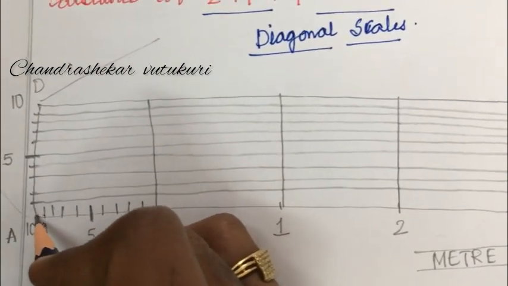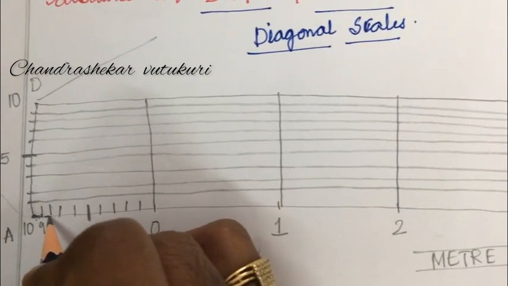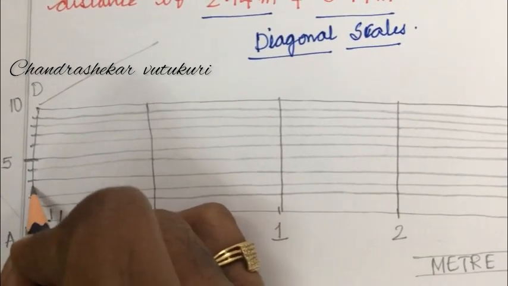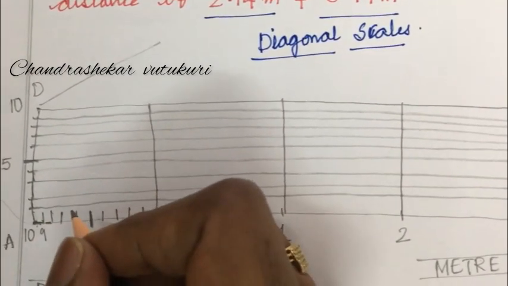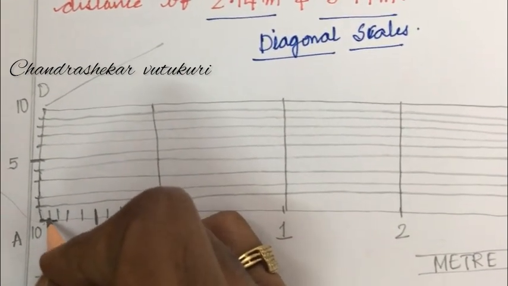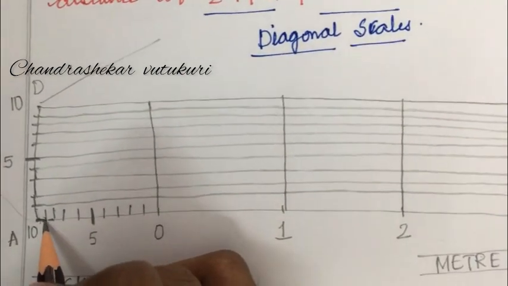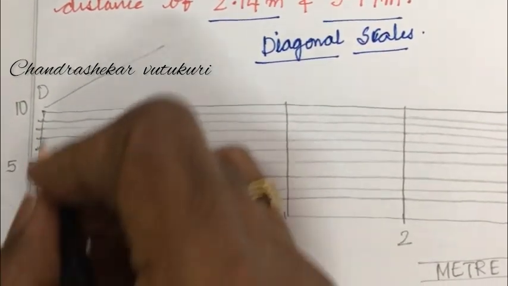You need to have, this each unit is of 0.1 meter. Again, if you look, this unit is of 0.1 centimeter, isn't it? Now, 1 centimeter. If you look here, from the 9th division to the 0 division, we are supposed to draw the diagonals to AD line.